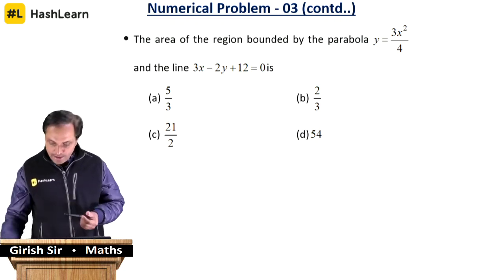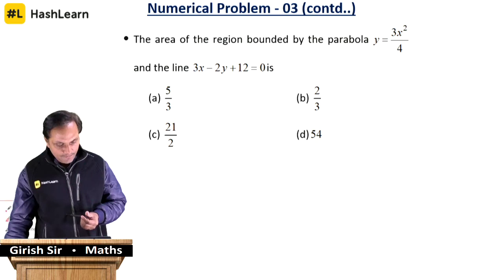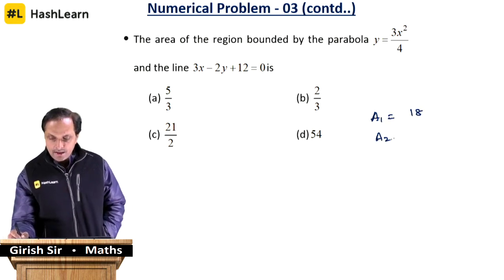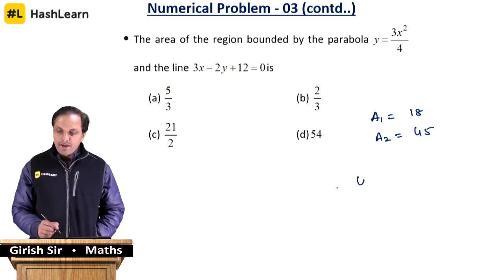So what you can do is make the changes in the question, in the options. So we got the area number 1 as 18, and the other area we got it as 45. So bigger minus smaller.